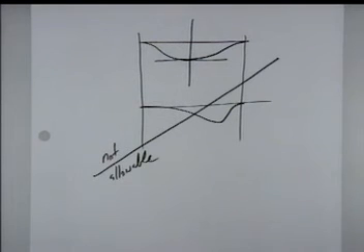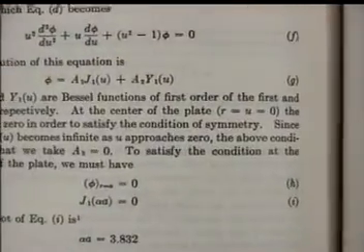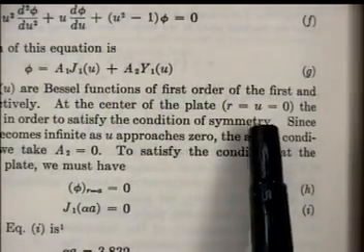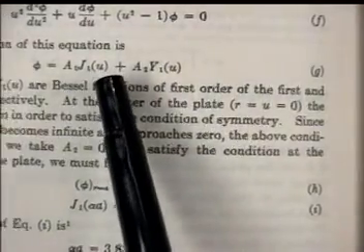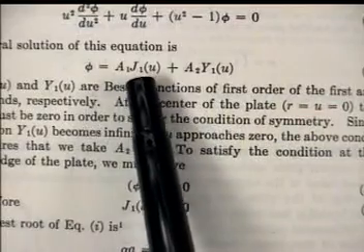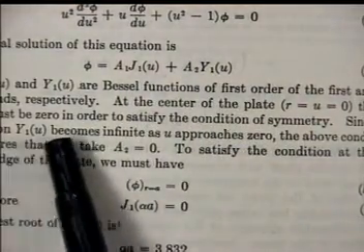Now, he measures also the coordinate system from the beginning, from the center. So at the center of the plate, r equals u equals 0, there should be a symmetry. That means that the Bessel function of the first kind has certain behavior at 0, but the second kind Bessel function becomes infinite at 0.